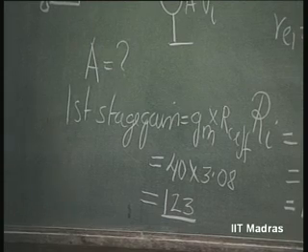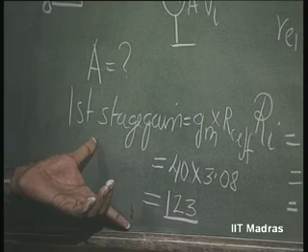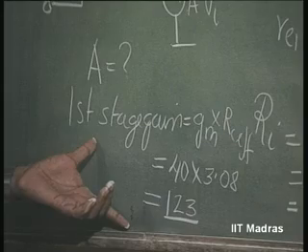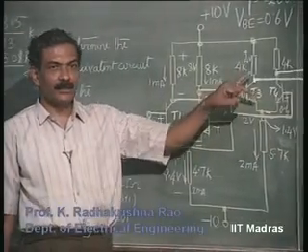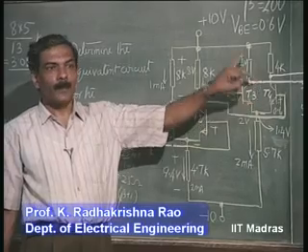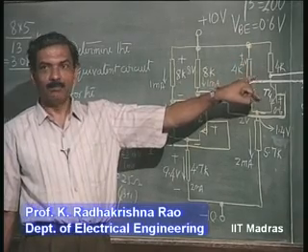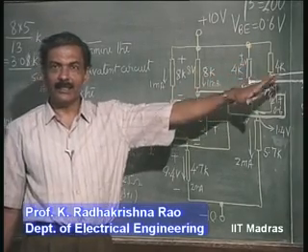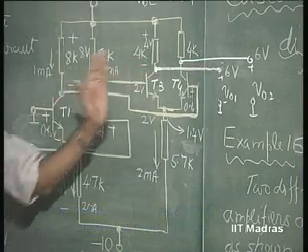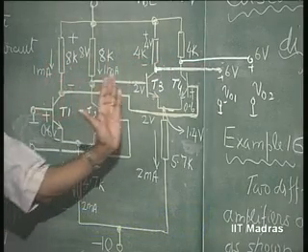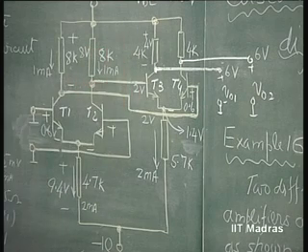This is the first stage gain. Is this clear? Now, second stage gain is GM RC by 2, because we are taking single ended output. So, GM is the same because operating currents remain the same for all the transistors. So, GM is the same 40 millisiemens.